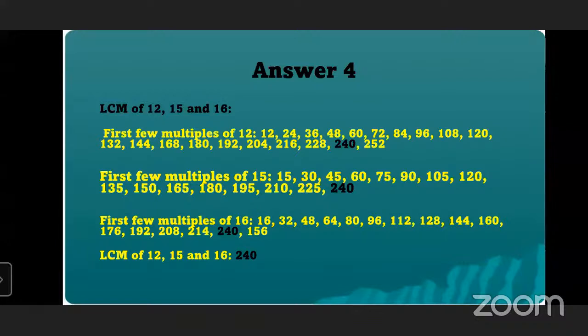So let's check the multiples of 12. The table of 12: 12, 24, 36, 48, 60, 72, 84, 96, 108, 120. Means 12 tens are 120.